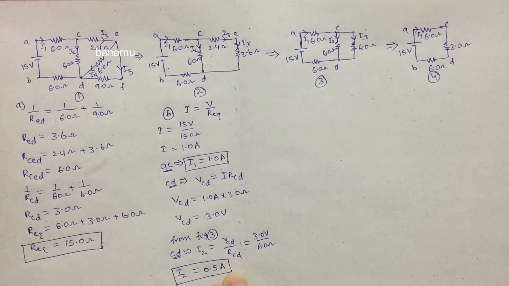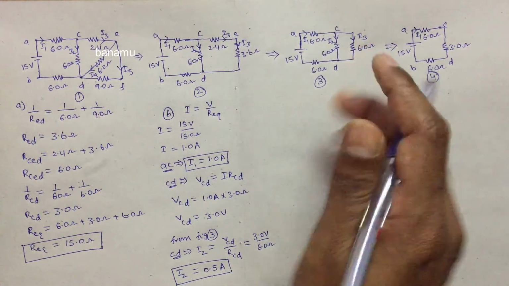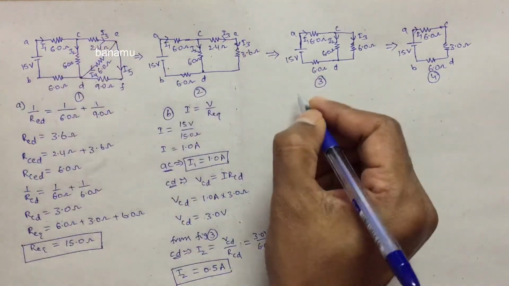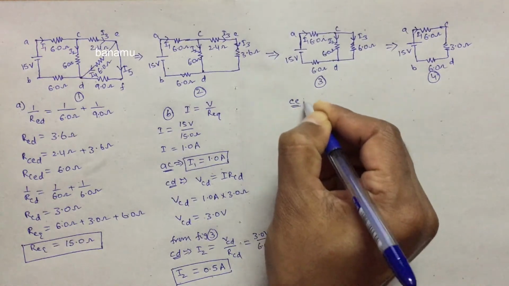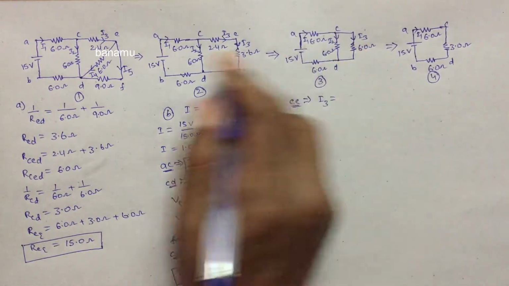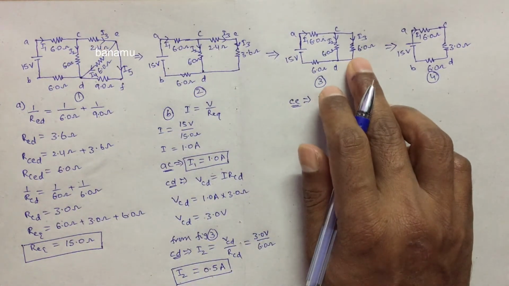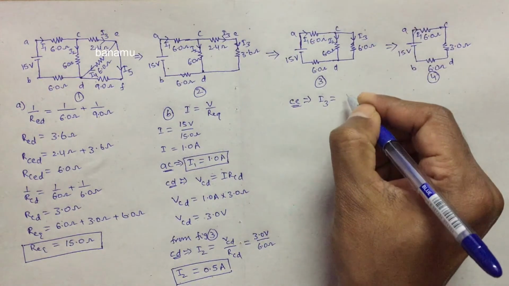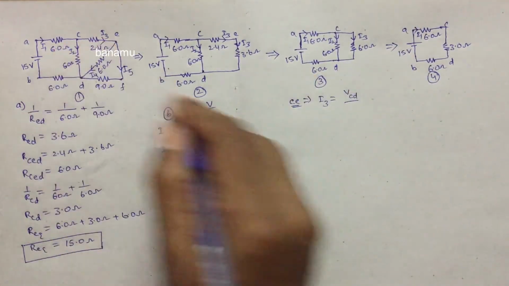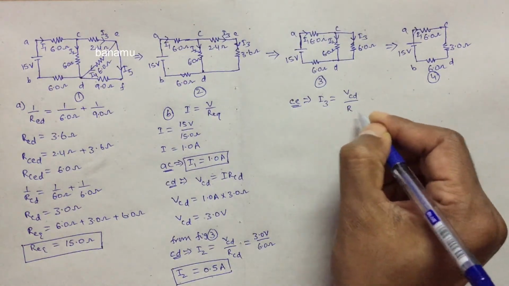And find the current I3, the current through the points CE. This is I3. I3 is equal to the potential difference across the 6 ohm resistance, VCD, divided by the resistance.